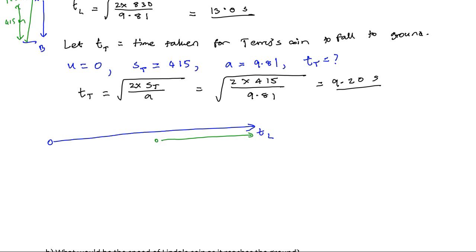This time is 9.2 seconds for the coin from Terry to land, and for the coin from Linda to land, it took her 13.0 seconds.